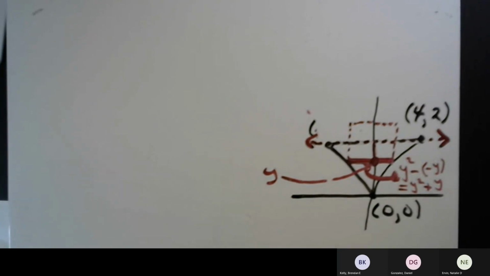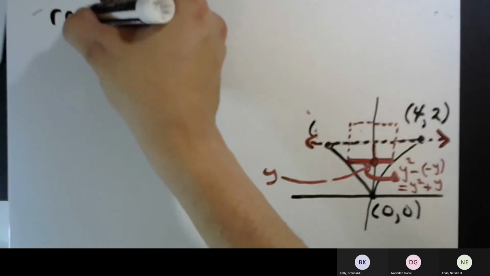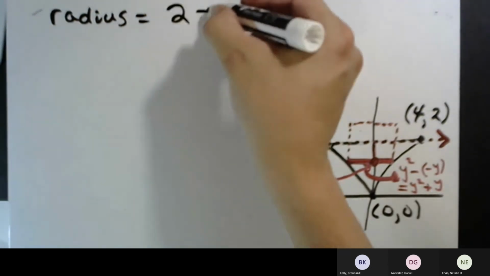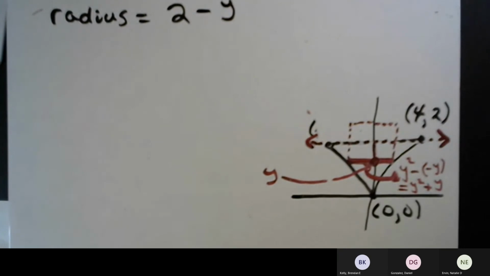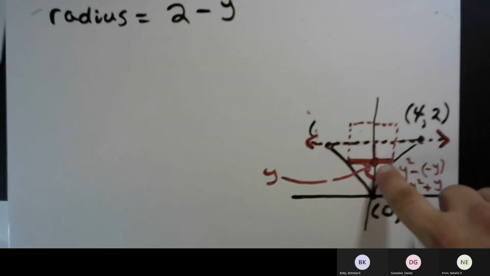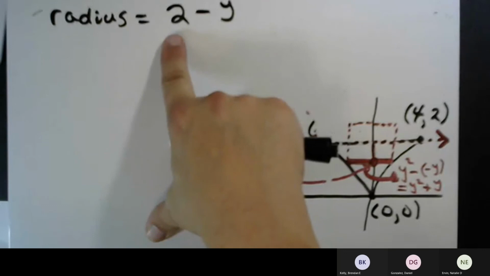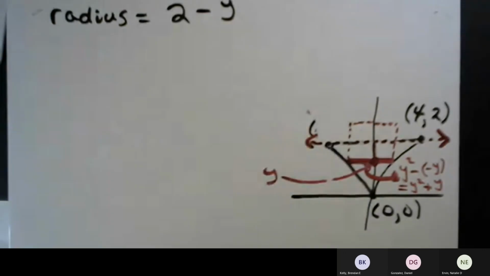Yeah, we're going around that way. So in this case, that distance, the radius, is going to be 2 minus y. So if we're located on a position on the y-axis here, the distance is going to be 2 minus y.